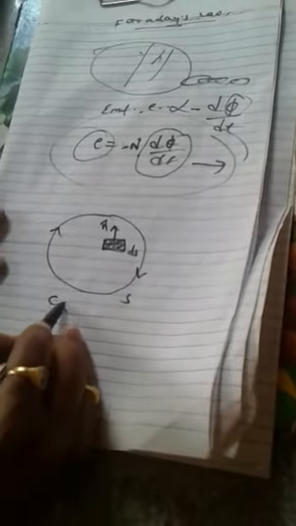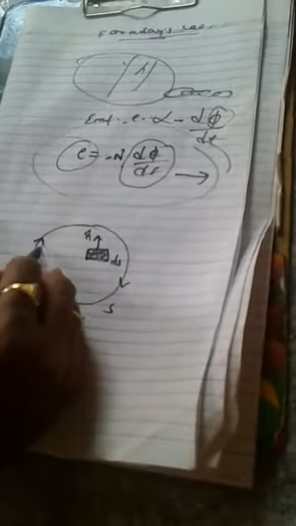This conducting loop is kept in a magnetic field. This loop, which is stationary, is subjected to a change in magnetic flux linkage as per Faraday's law.